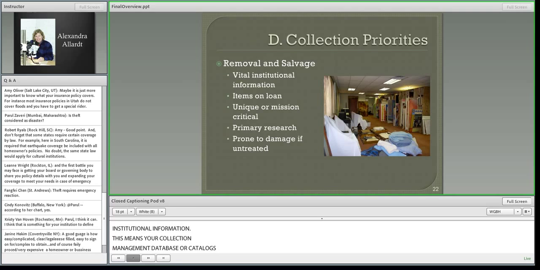Another reason you need that collection management database. Other priority collections, commonly, they can be icons of your site that are mission critical and are the connections you have with the public, or the types of collections that are prone to irreversible damage by mold if left untreated. But that's for you to decide.